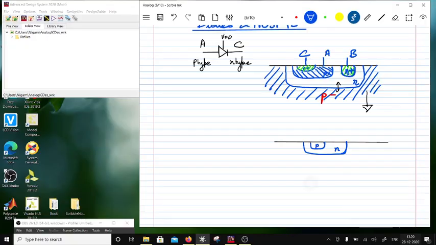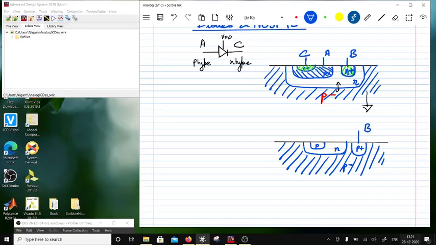Now there is going to be a P plus here, and this is all P minus. So let's just shade this out. This is all the bulk. This body terminal is connected to the most negative. So in that case the diode would look like this.